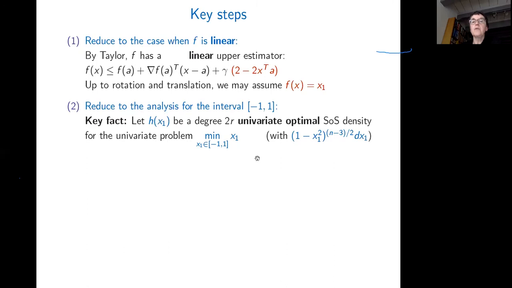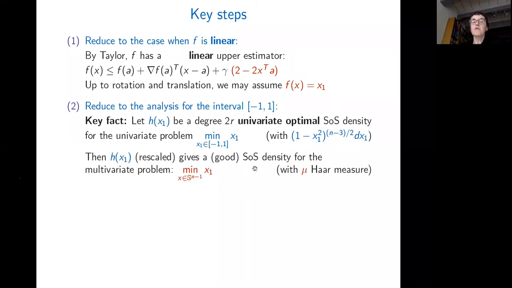And we are going to see how, if we pick a univariate optimal sum of squares density for the bound corresponding to this polynomial optimization problem on the interval, then we can build a nice sum of squares density for the multivariate problem of minimizing x1 on the unit sphere, where the unit sphere is now equipped with a Haar measure.